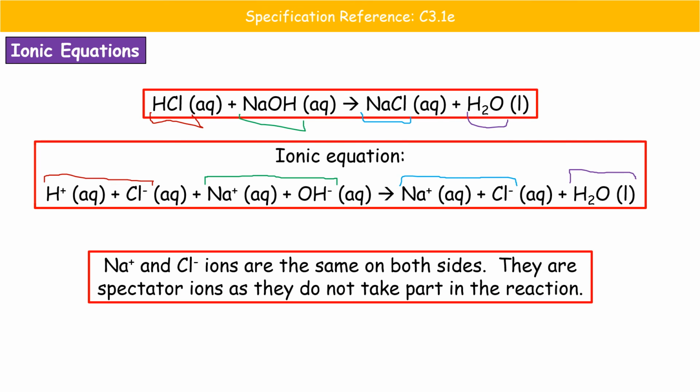Cl- on the left, we have Cl- on the right. So that is a spectator ion. So we're actually going to ignore it. Na+ on the left, Na+ on the right, it's a spectator. We're going to be ignoring it. OH- on the left, but not on the right. So not a spectator. That leaves us with just the non-spectator ions. So spectator ions are ones that remain the same on the left as the right, and we've crossed them out.